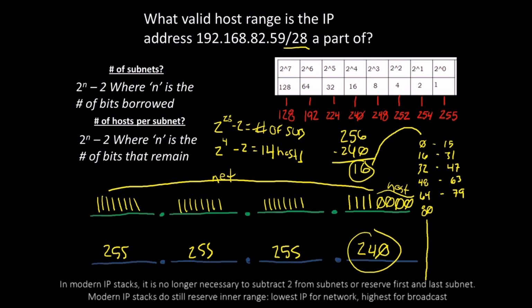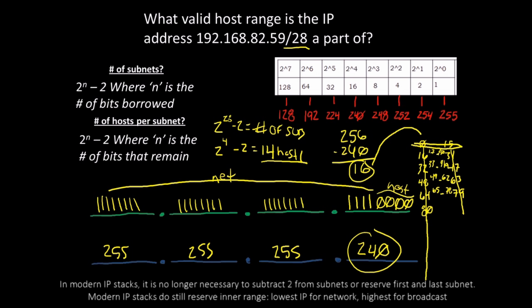Now again, my first range is going to be crossed off, and my first and last in each of the subnetworks is also going to be crossed off, making this, of course, 17 to 30, and then 33 to 46, 49 to 62, and 65 to 78. And each of these, of course, is 14 hosts in each subnetwork.